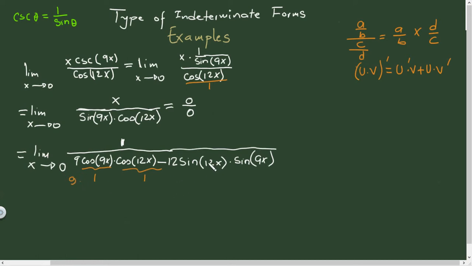If I plug 0 in there, the sine of 0 is 0, and I have 12 here and the sine of 0 is 0. So I'm going to have 9 minus 12 times 0. Twelve times 0 is 0, so that whole part goes to 0, and that one goes to 9.